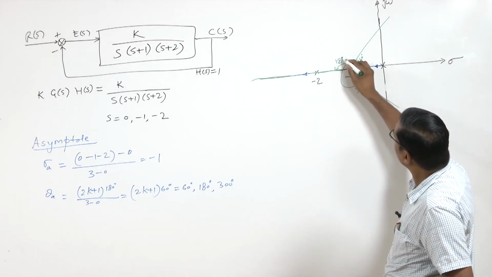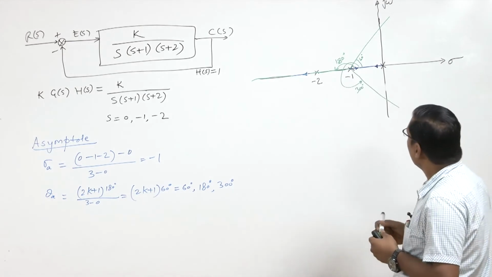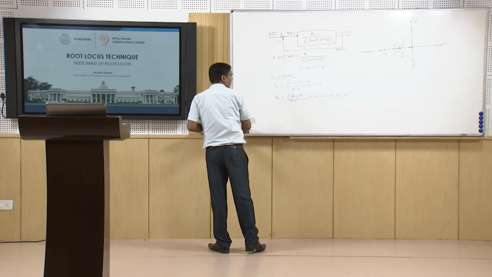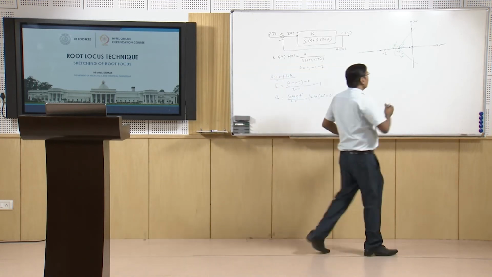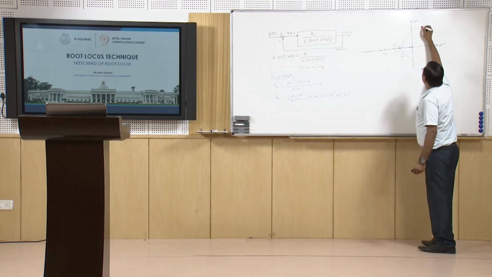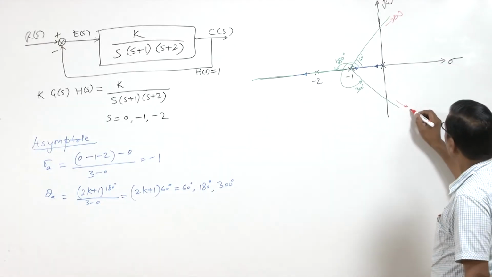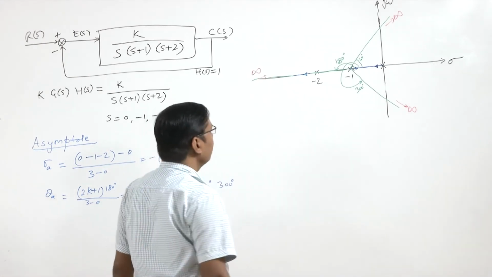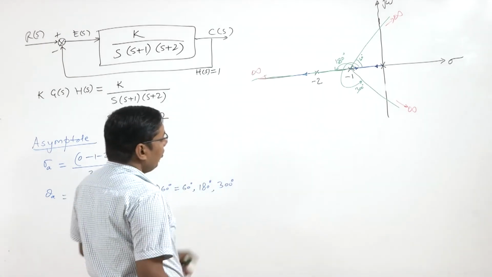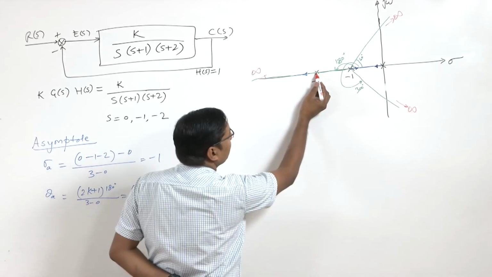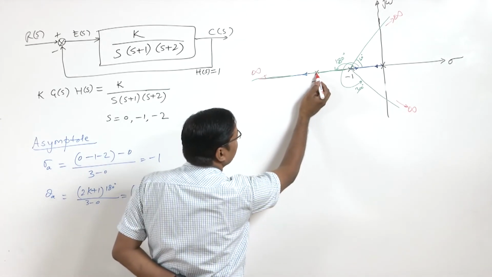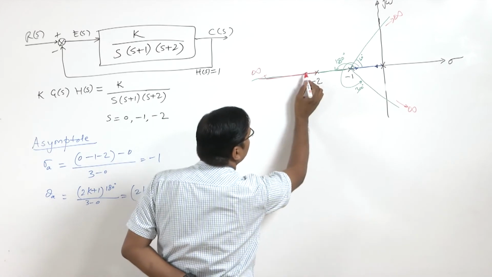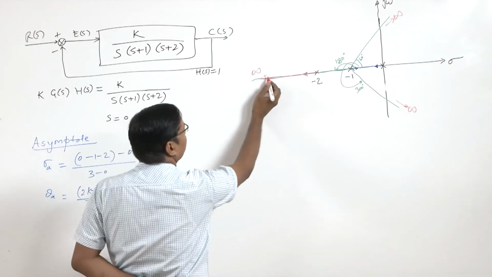So from here we can understand that this is going to infinity, this is going to infinity, and this is going to infinity. One thing is clear, that this root locus branch started at this pole and is going towards a zero at infinity.